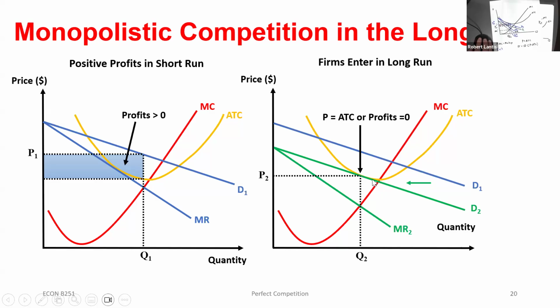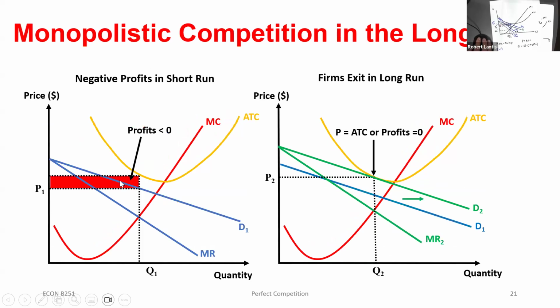Okay. Now, let's say we had the flip side, where I start out in my first example that I drew for us, where marginal revenue is equal to marginal cost at a quantity where price is below average total cost, so profits here are negative. If that's the case, what will firms do? Firms will exit that market. As they exit, the firms that remain get a larger portion of the overall market demand. So the demand curve the firm faces increases. Their marginal revenue is twice as steep.